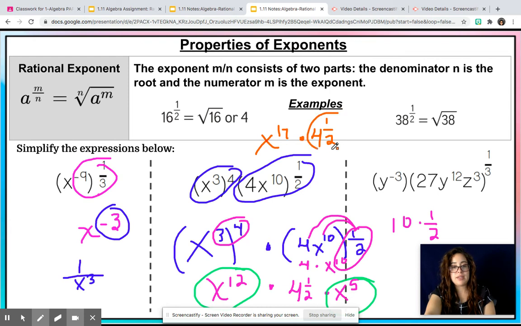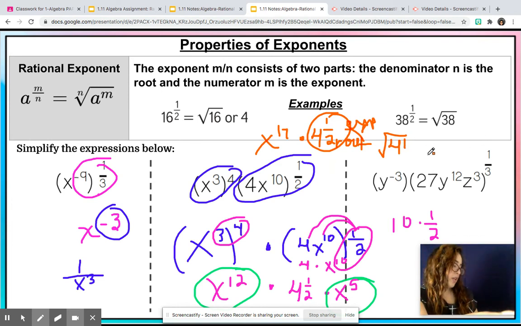Okay, now this I still need to simplify. So 4 raised to the 1/2 is, remember this is the root, and this is the exponent. So then it's going to be 4 square rooted raised to the 1.